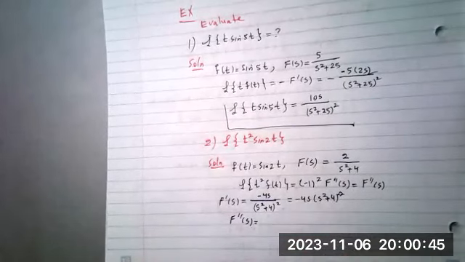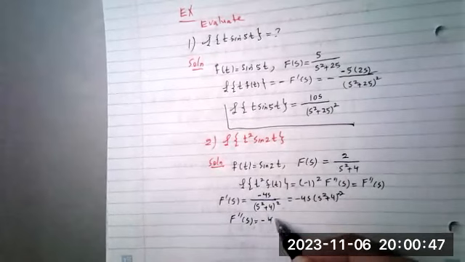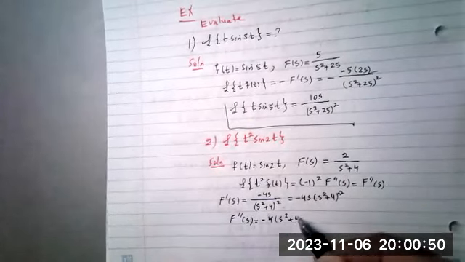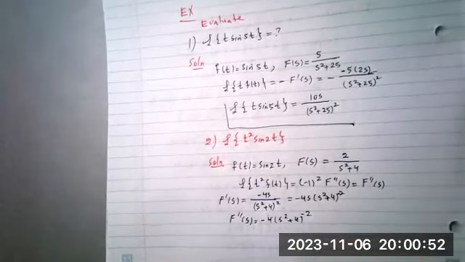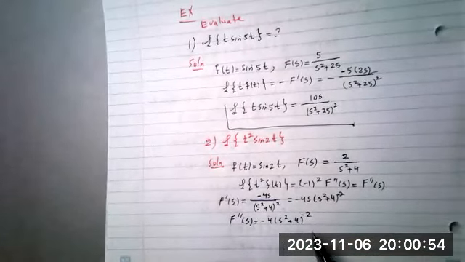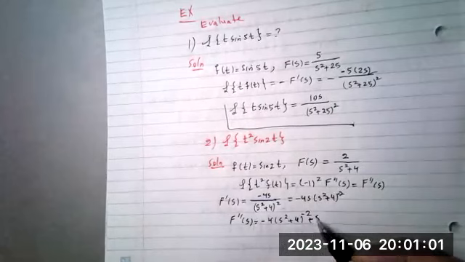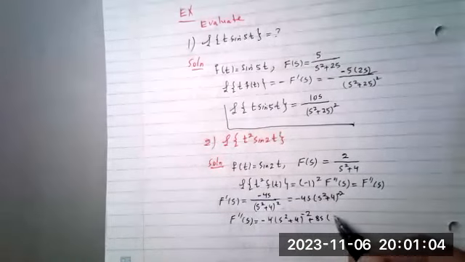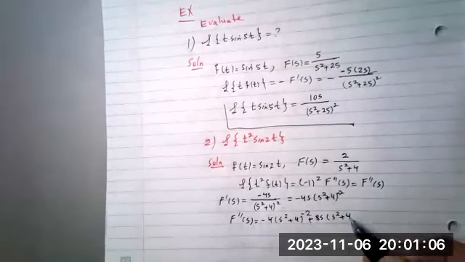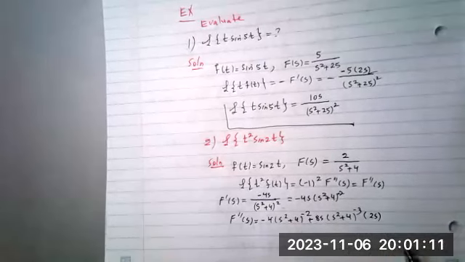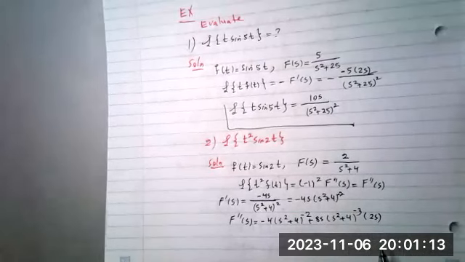So F double prime of s: the derivative of the first, -4 times s squared plus 4 to the -2. That's the derivative of the first. Then the first times the derivative of the second, using the chain rule: -2 times -4s would be 8s, times s squared plus 4 to the -3, times u prime, which is 2s. The derivative of u to the -2 is -2 u to the -3 times u prime.